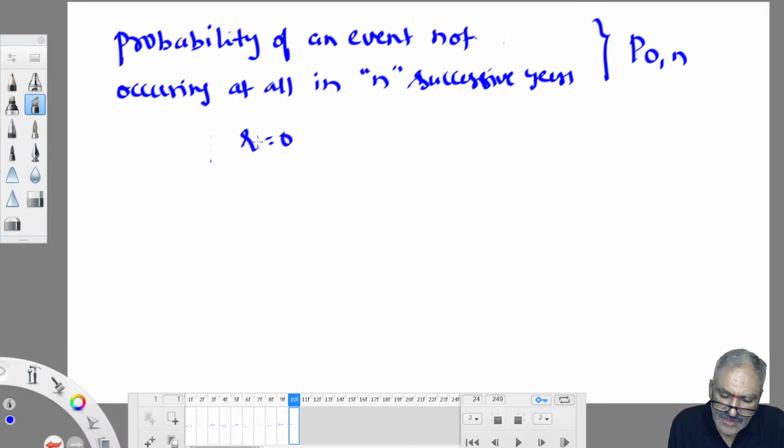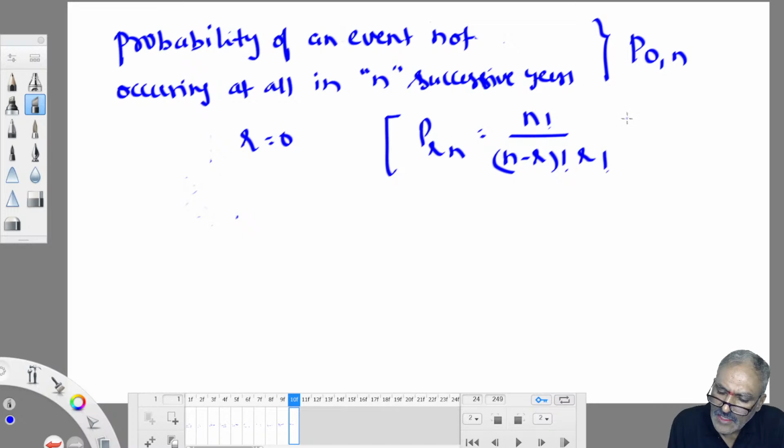So P(0, n) is equal to, actually what is the P(r, n) formula? P(r, n) is equal to n factorial by (n minus r) factorial into r factorial, p power r into q power n minus r. This is the concept. So now, instead of r, I am replacing r with 0.